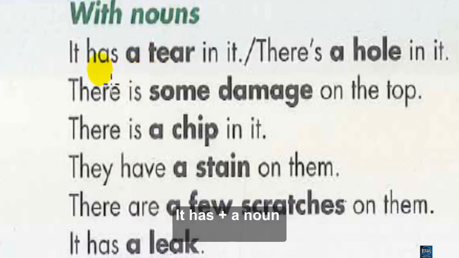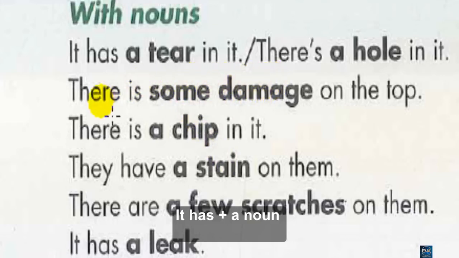So I say it has, there is, plus a singular noun: a tear, a chip. If I have a singular, I'm going to say it has, there is, plus a noun. A tear, a hole, a chip, some damage.